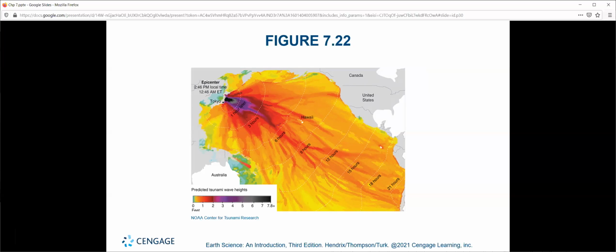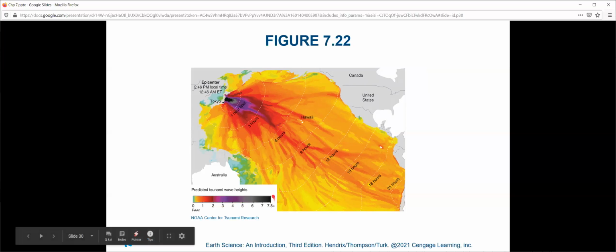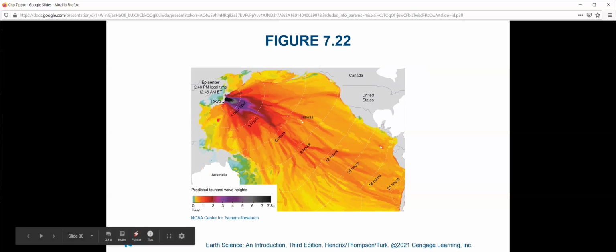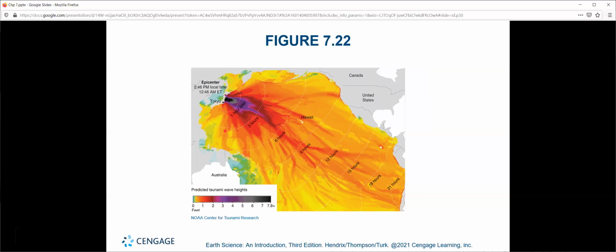Notice how it peters off pretty fast, right? You get 8-10 foot waves right near the surface here, but you go out not very far away from Japan itself, and you're getting little middling half-foot waves out here in the yellow and the green. That's a beach. Sure, that's not very damaging.